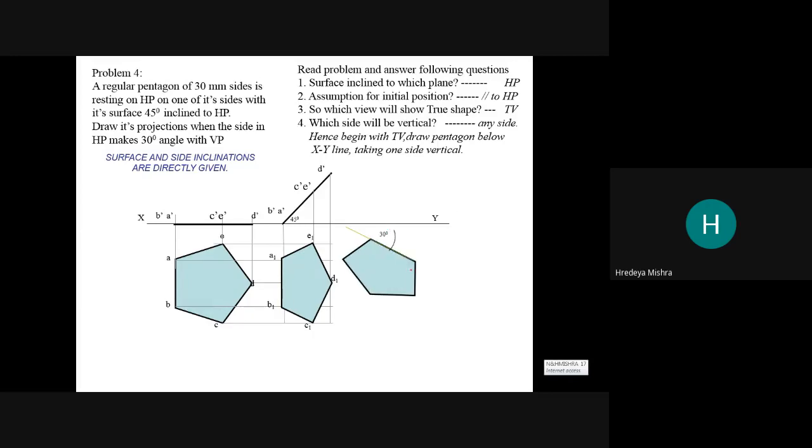Now see, we just rotate this by 30 degrees. A, B, this side, we just rotate it by 30 degrees. And we get the value. Now we project vertical lines from the points.